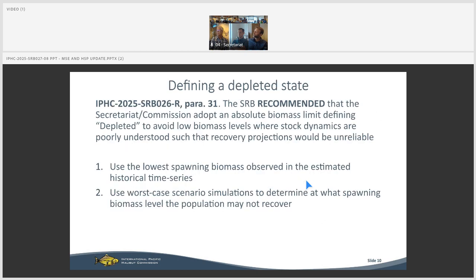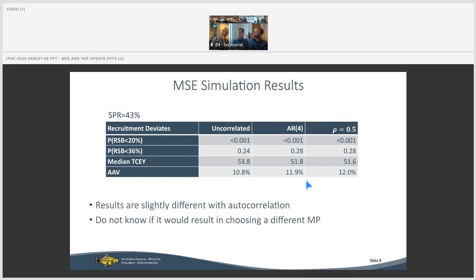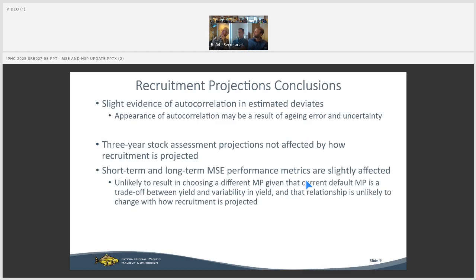So is that the end of that? Oh, yeah. So I have a few conclusions. There's slight evidence of autocorrelation in the estimated deviates, but it could result from other things such as uncertainty and aging error. As Ian presented earlier, the 3-year stock assessment projections are not affected by how recruitment is projected, but the short and long-term MSE metrics are slightly affected.